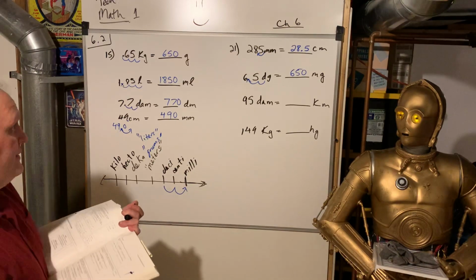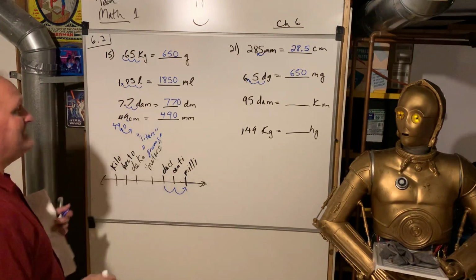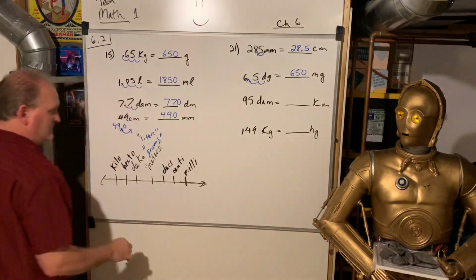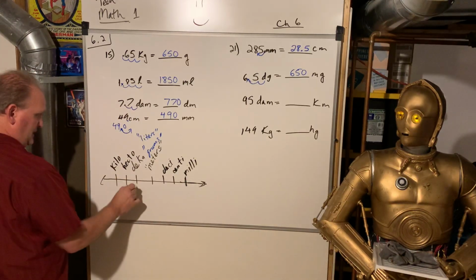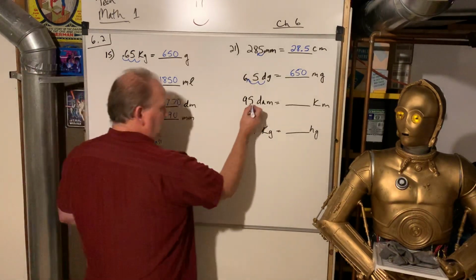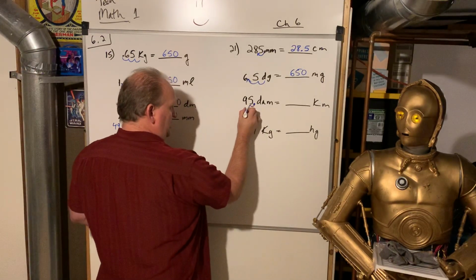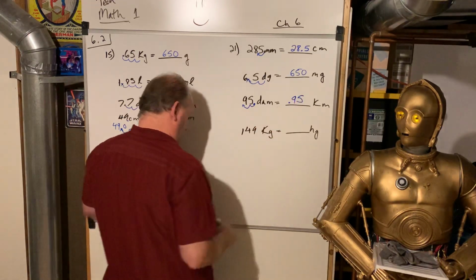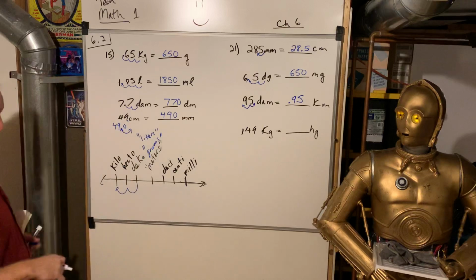All right. 95 decameters is how many kilometers? Well, deca is here. 2 to the left. So the decimal's right here, 1, 2 to the left. 0.095 kilometers.